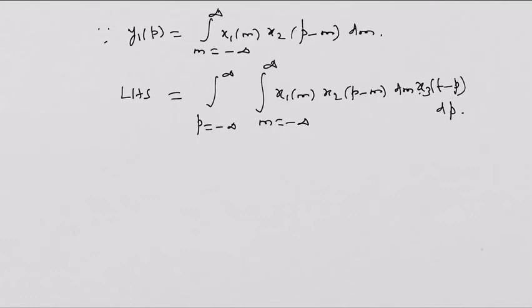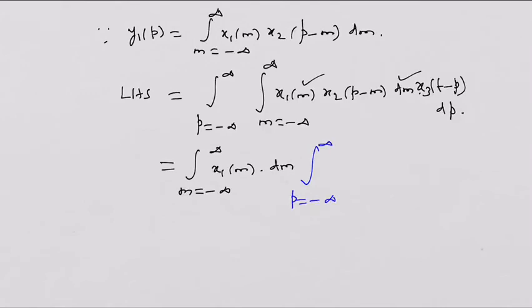Let me rearrange the factors. The x1 of m and dm, all those variables are to be put under the integral with m varying from minus infinity to plus infinity, and the remaining integration will be over p equal to minus infinity. The terms which involve p will be put together: x2 of p minus m is the first term, x3 of t minus p is the next term, and dp.